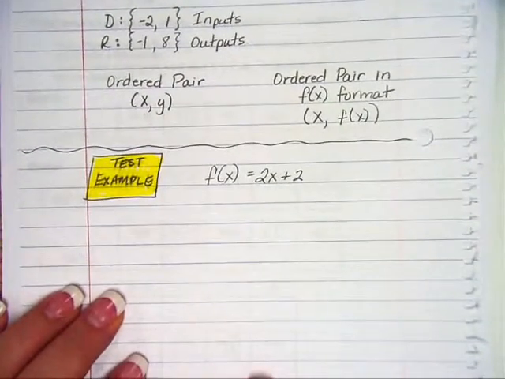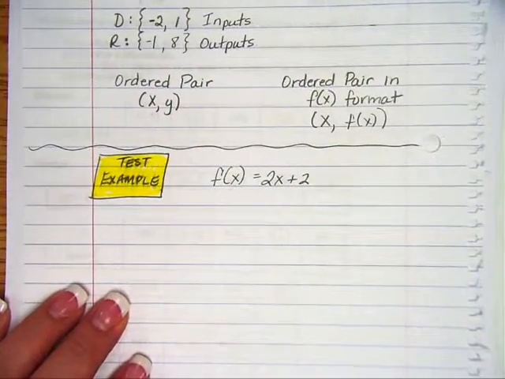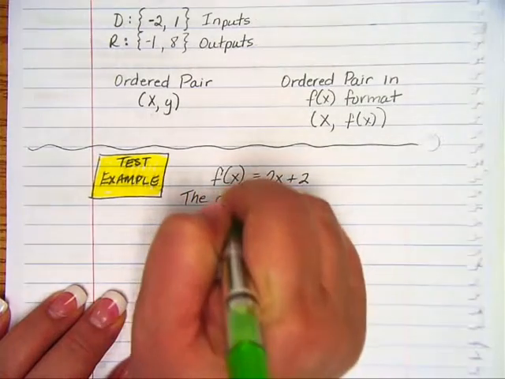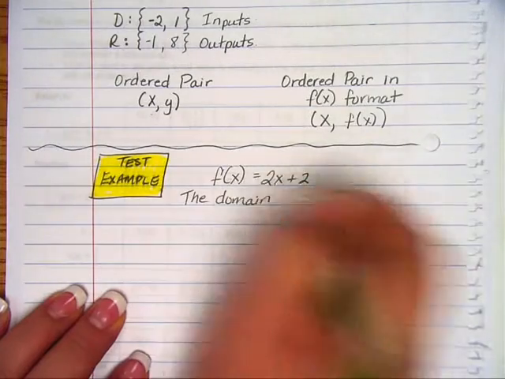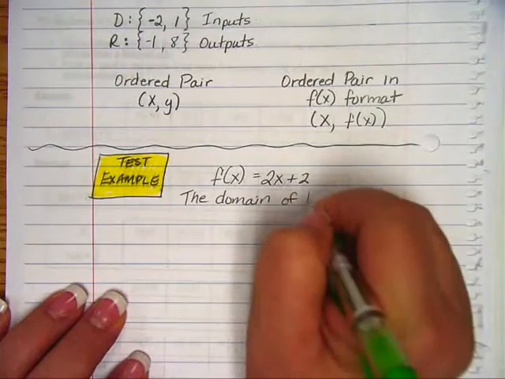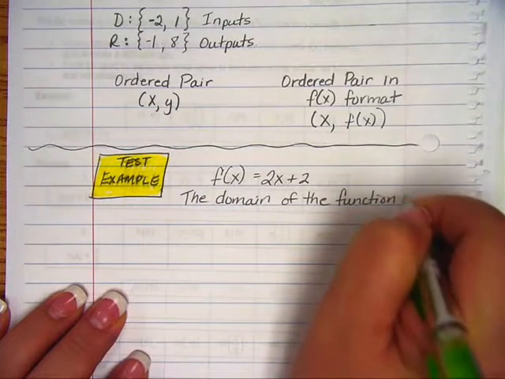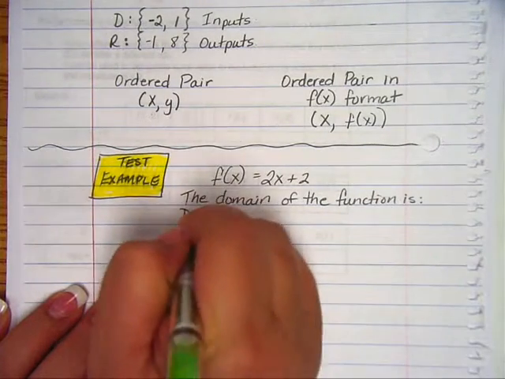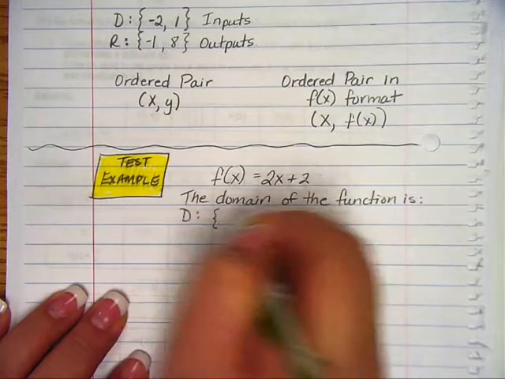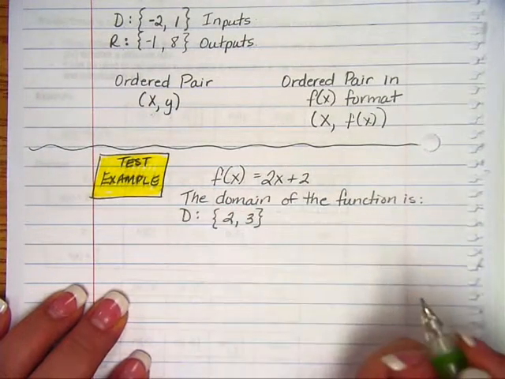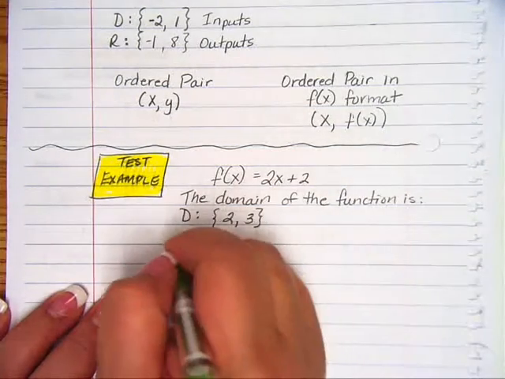f of x is 2x plus 2. That's the function. Then it's giving you this information. The domain of the function is, then you're given this notation. Okay? Now here's the question.